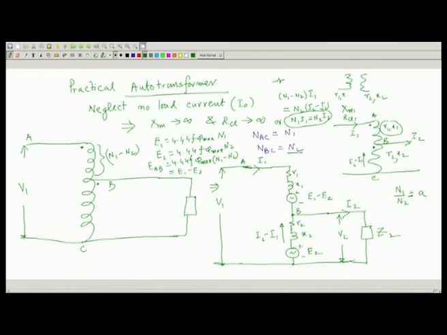Then I will say that I 1 is equal to I 2 by a. This much I can confidently say, okay, if this current you record it so much ampere, N 1 total turns, N 2 this turn, then this current will be I 2 by a. This I am sure of. Got the point? This is the thing.